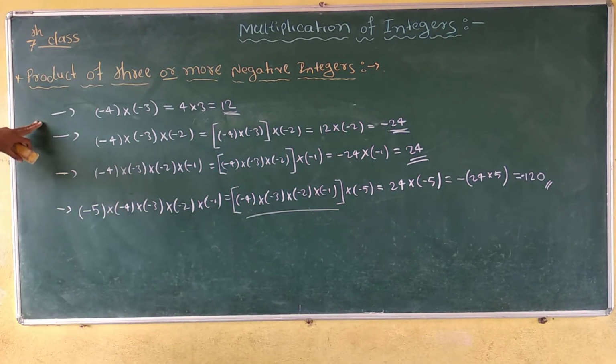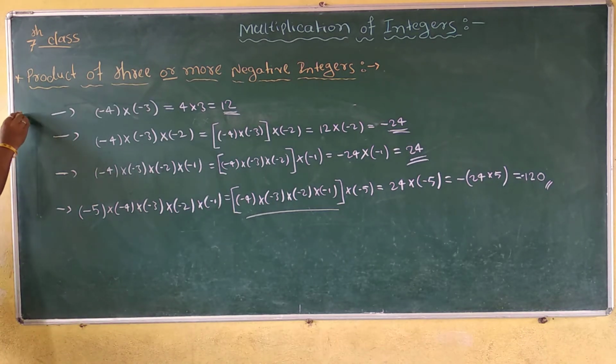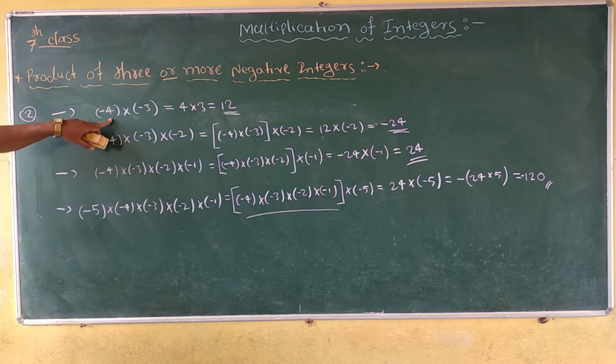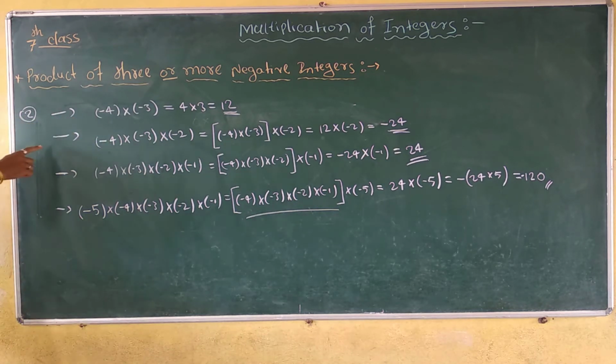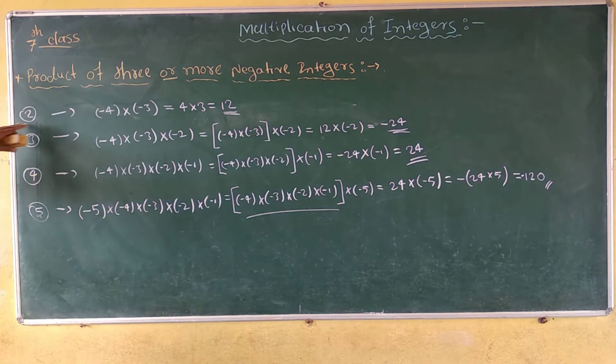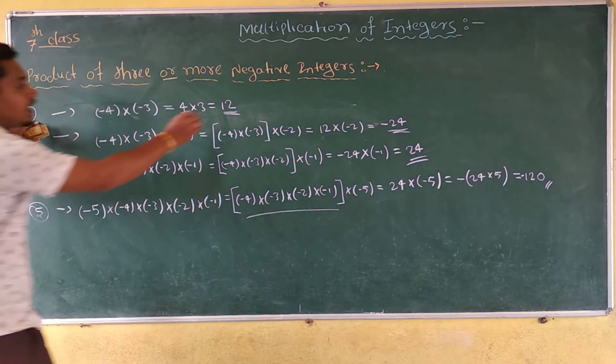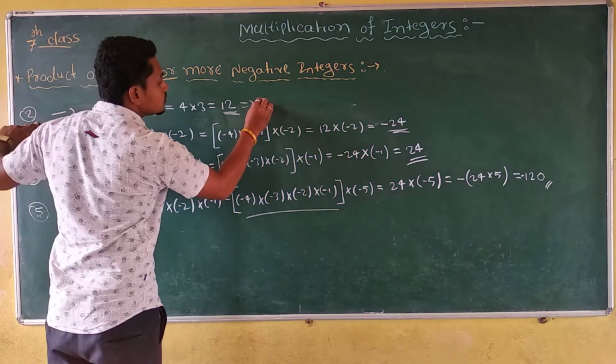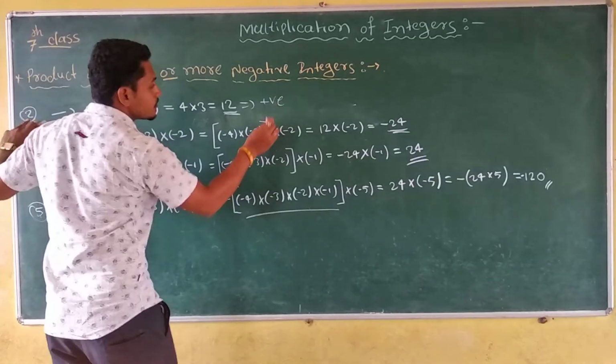Just observe these four sequences. One has two negative integers, this has three, this has four, and this has five negative integers. The product of any two negative integers gives a positive integer.